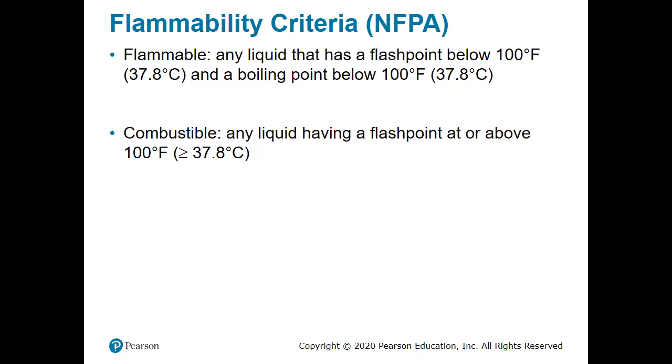If something is determined to be combustible, so this is a subcategory, then we're talking about a liquid that has a flash point at or above 100. And so what we'll see here in a second is how these criteria fit into those red diamond placards that we associate with the NFPA.